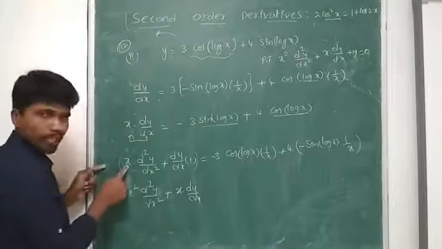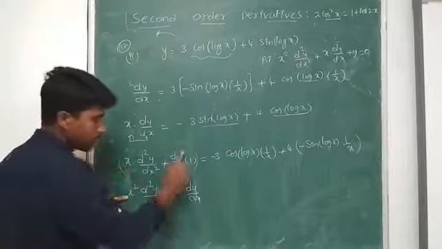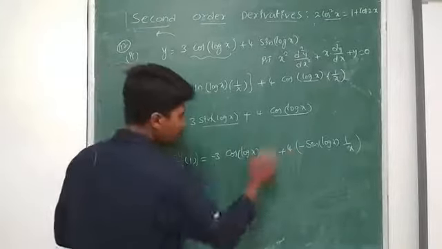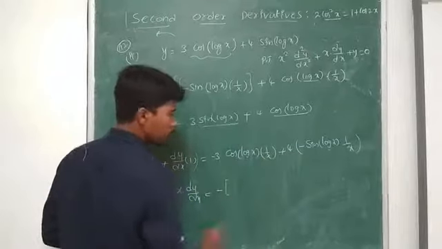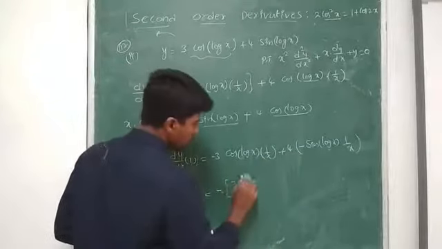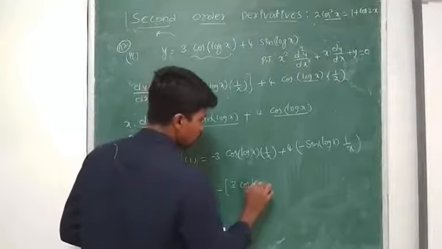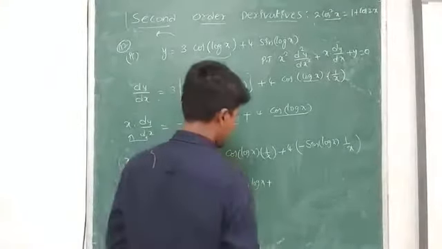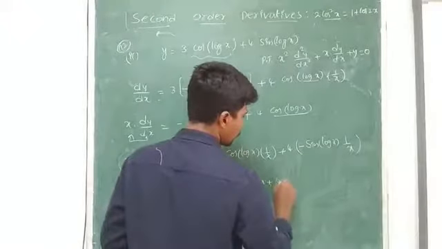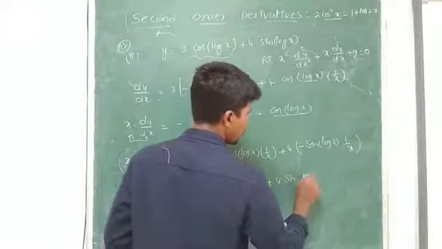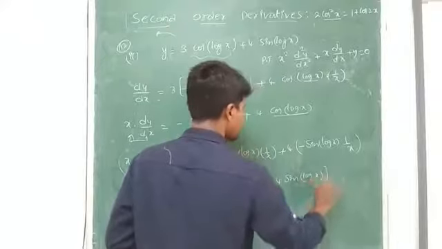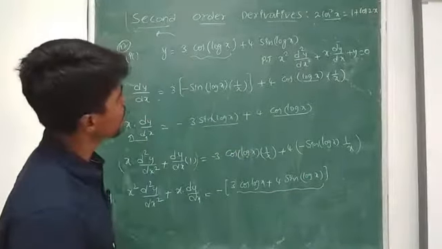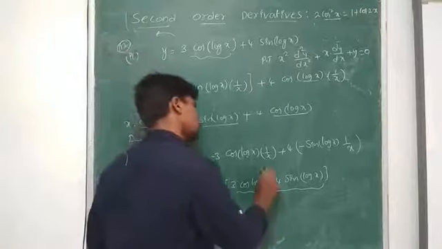So x into x, that is x square, d2y by dx square, plus x into dy by dx, which is equal to, both also having minus, so take minus common, 3 into cos log x plus 4 into sin log x. 3 cos log x plus 4 sin log x is nothing but y.